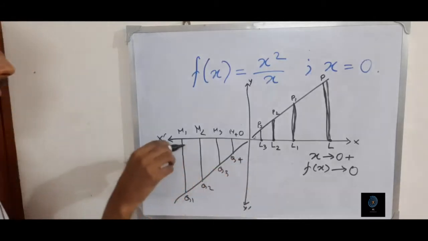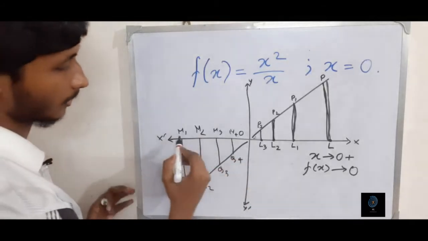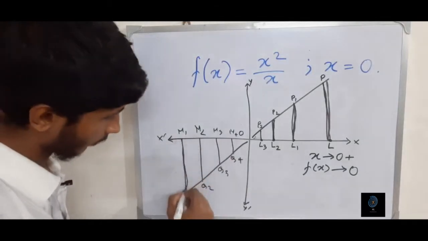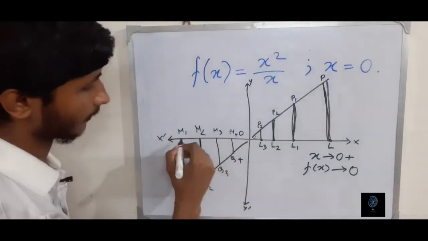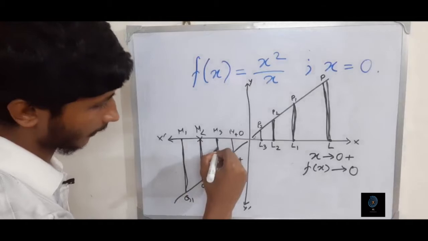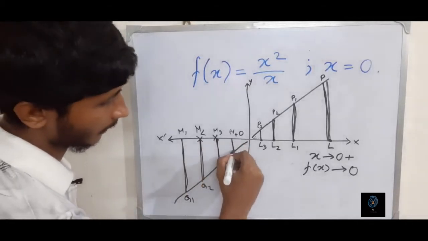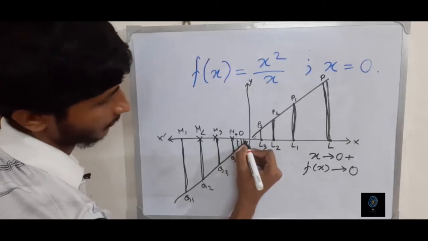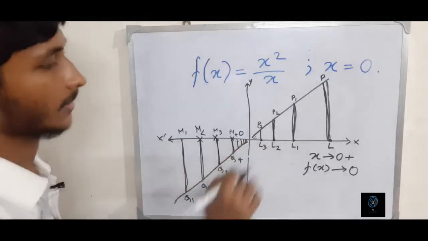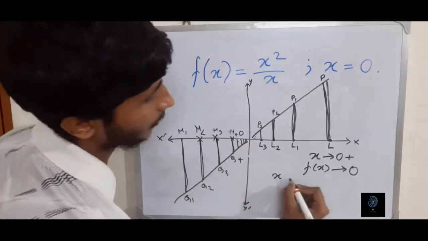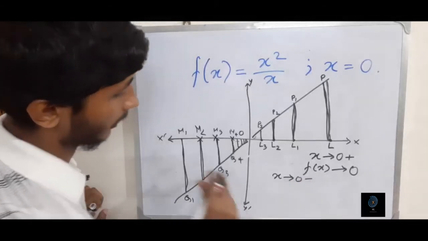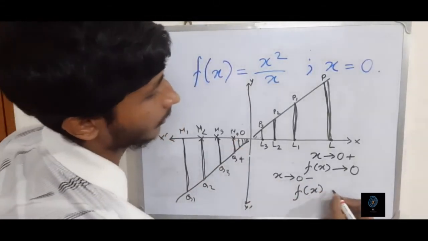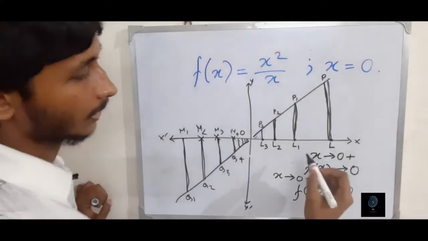We can see that as x is approaching 0 from the left hand side, this is the value of f(x) when x is here, this is the value of f(x) when x is here, and gradually this height becomes very close to 0 as x approaches 0. So when x is approaching 0 from the left hand side, then also the value of f(x), that is this height, approaches 0.